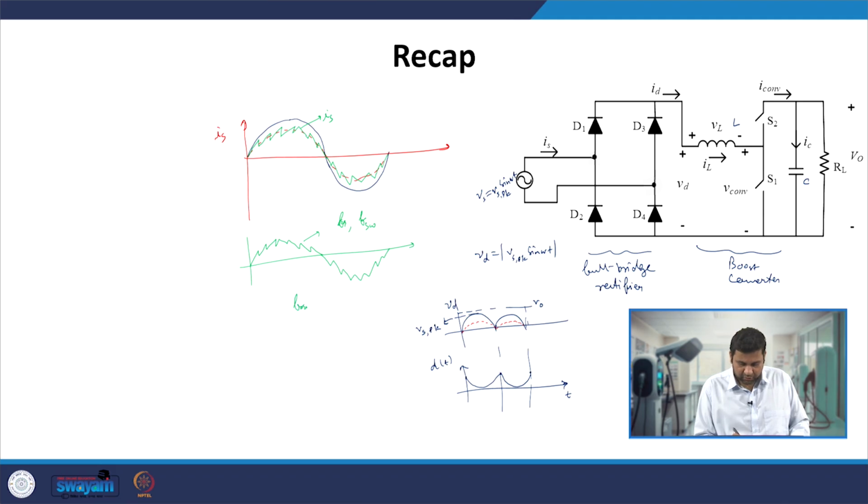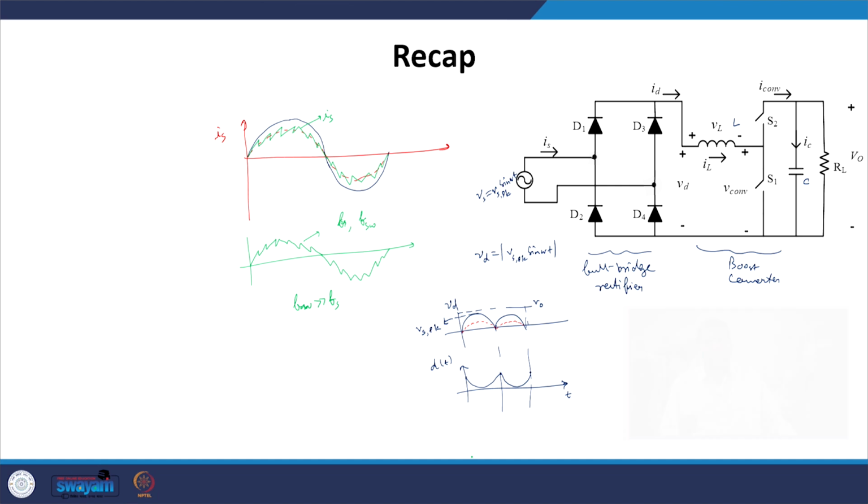We have kept the switching frequency very much greater than Fs, somewhere greater than 20, 30, 40 kilohertz, where our line frequency is just 50 hertz. So the ripple component is very small compared to the line frequency component. That is what we have understood.